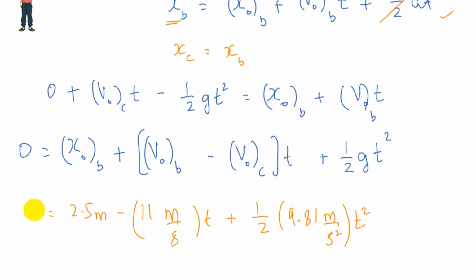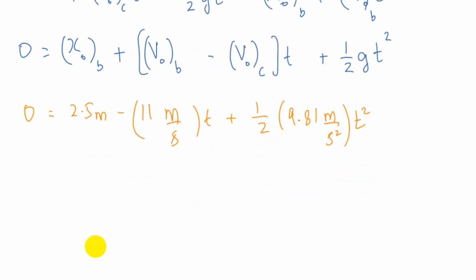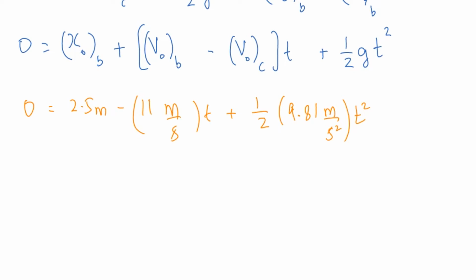Now this equation is a quadratic equation, so let me first write the general form of the quadratic equation. This becomes 4.9 t² minus 11t plus 2.5.